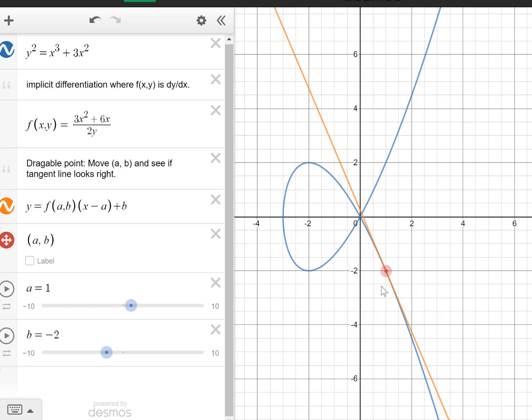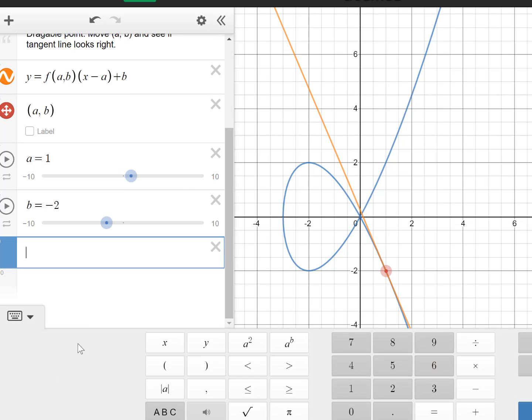Remember, the equation that we had come up with is in the notebook, and I don't have that right now, but we can see that we have our tangent line graphed to the curve, and we did all of that without ever having to express y explicitly as a function of x.